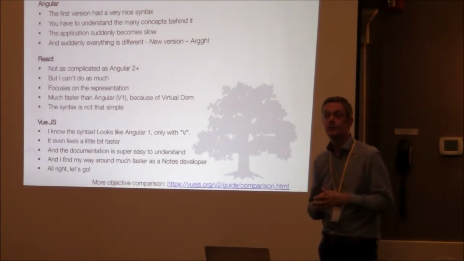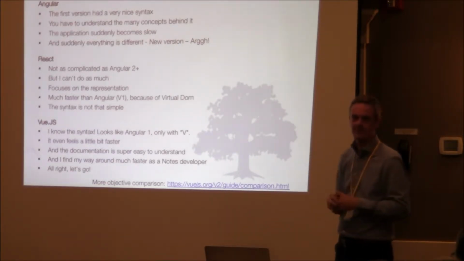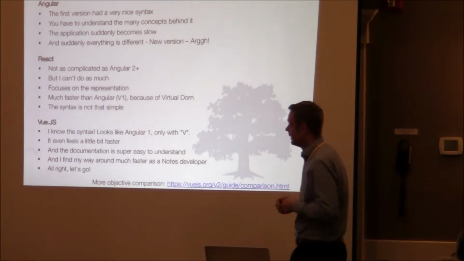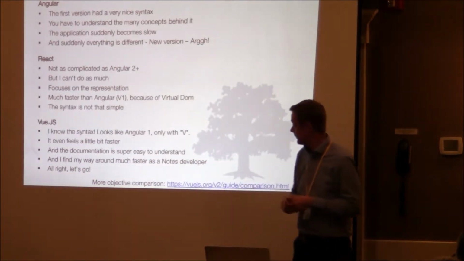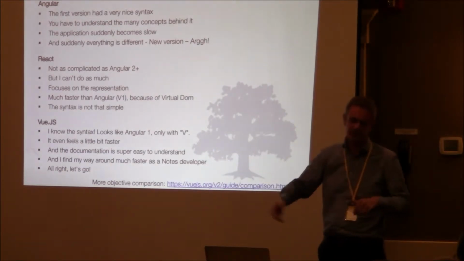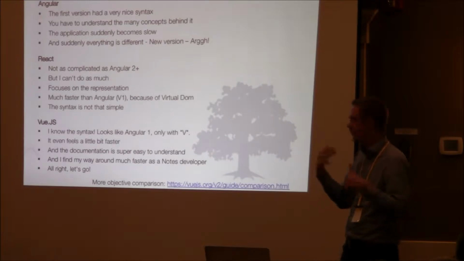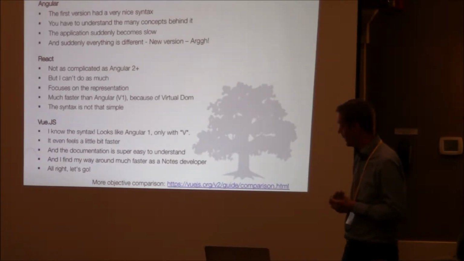And afterwards, they do more complex things. So you really have to like this kind of documentation. It's the best I've ever seen. And I find my way around much faster. For me, using Vue.js was the easiest way, starting as a Domino developer. So I'll show you why.